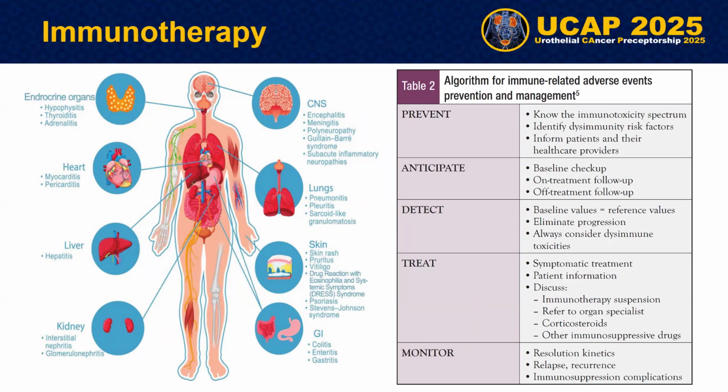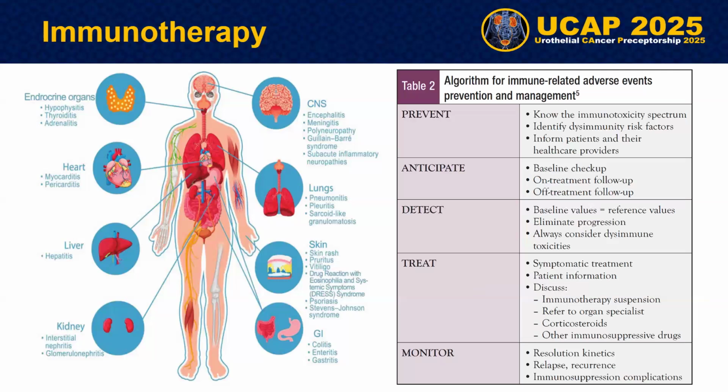So I like this table on your right because it is a good way to mainly prevent and also manage irAEs. First, prevention. For patients who have autoimmune conditions, for example, SLE, immunotherapy should be used with caution. Next, we should anticipate what will happen.